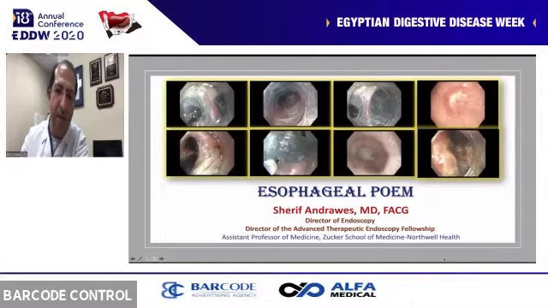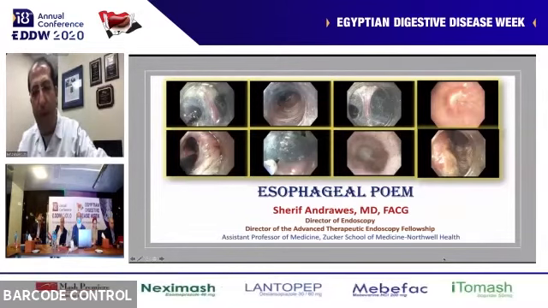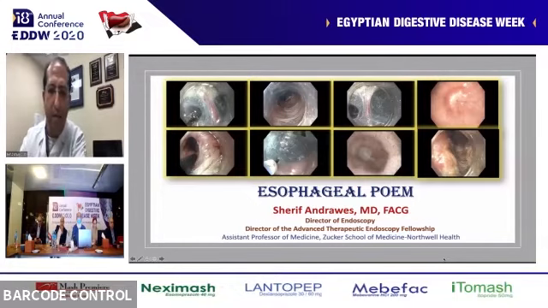I believe that studies you can always look at and read in a journal or search in PubMed. I'd like to give you a lot more of our own personal experience, some of the pitfalls, some of the things that we do and we look for. All the cases that I'm showing you, except for a very few slides from Gastrointestinal Endoscopy, are my own cases and my own techniques.